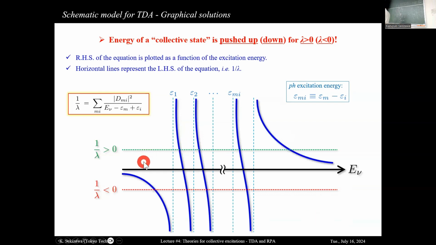So the green line corresponds to positive lambda and the red line corresponds to negative lambda. Okay. And the solution is when both sides are equal. So the crossing points are related to the solutions of this Tamm-Dancoff equation.